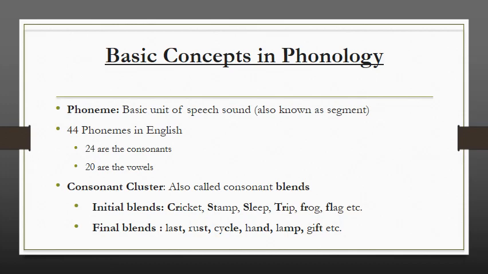So let us now move on towards the consonant cluster that we also call the consonant blends in English. And we may define the consonant cluster or the consonant blends as a group of consonant sounds or a group of consonant phonemes that appear in a word either at the initial or at the final position, and each consonant has its own sound.